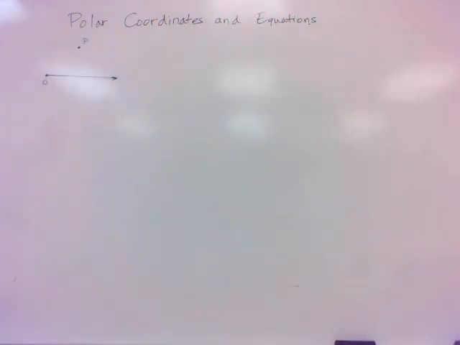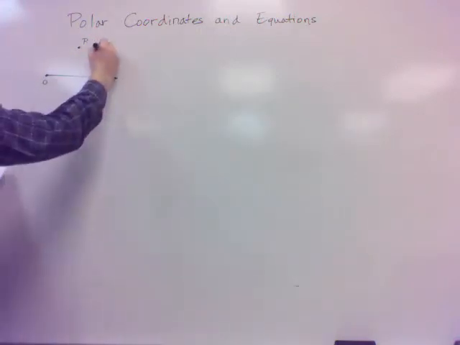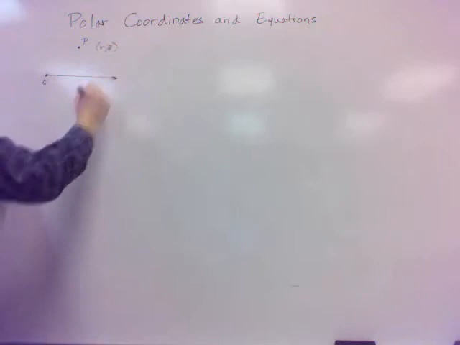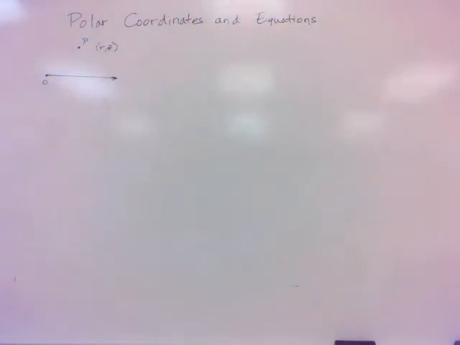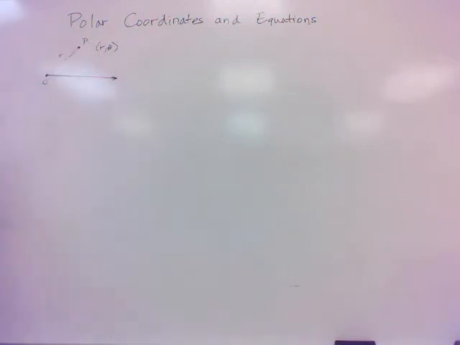Well, the way we name it is by two coordinates, and it's (r, theta), where the r, what would that be? Well, r is this distance from the pole to P, and guess what theta is?